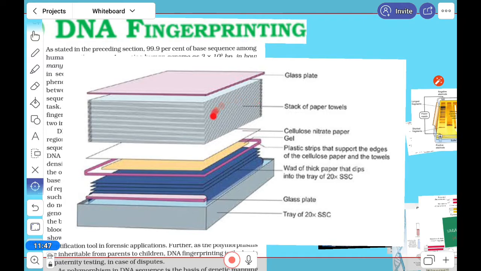Here are the paper stacks, and something heavy, more than 500 grams in weight. In this way it can be kept for a long time, even overnight, and it is baked at 80 degrees for 2-3 hours to fix the DNA permanently on the membrane. Okay.